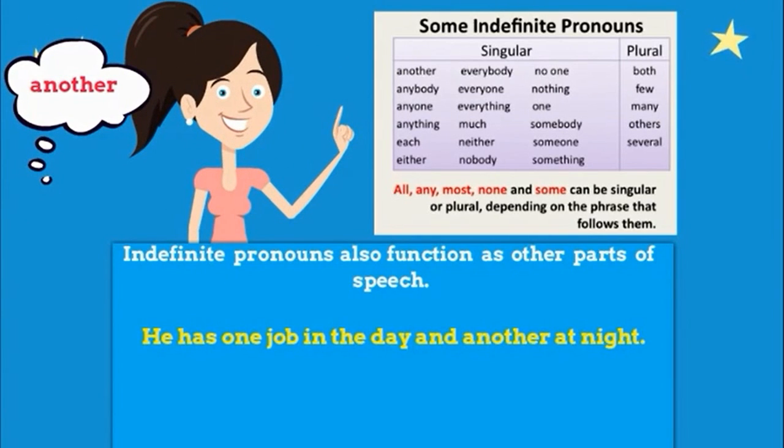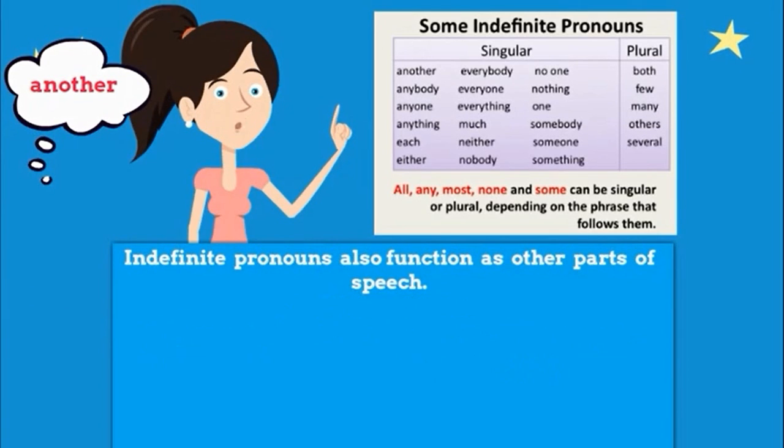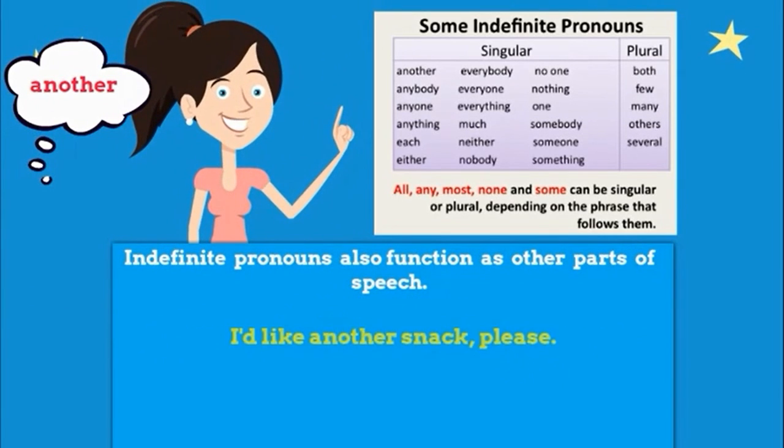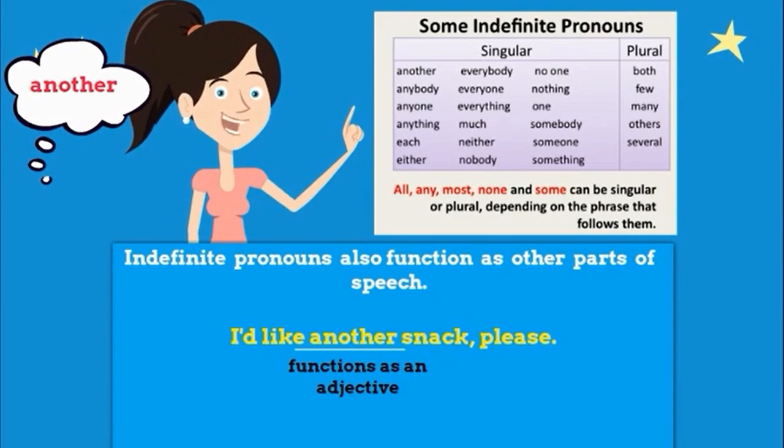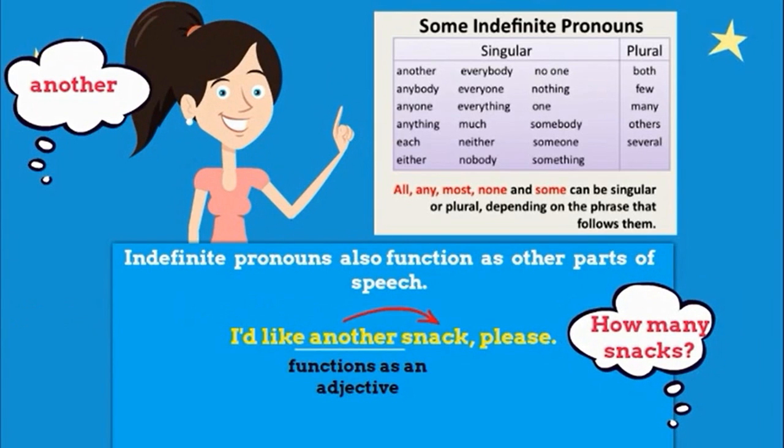He has one job in the day and another at night. Another in this sentence is functioning as a pronoun because it is replacing the noun job. But let's look at this sentence. I'd like another snack, please. Another is now functioning as an adjective because it is answering the question, how many snacks? Another snack.